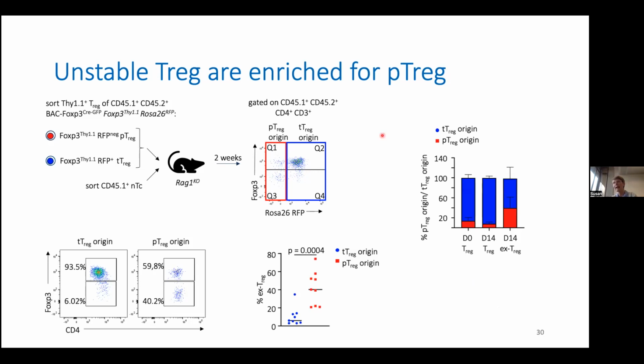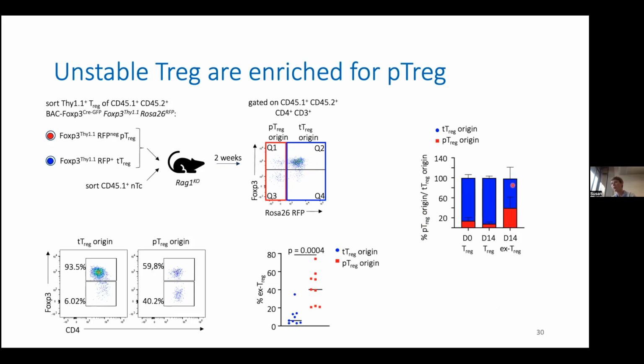Not really, and that is because there are so many more thymic Treg compared to peripheral Treg. If you look at the overall contribution to the X-Treg population, you'll find that the P-Treg and T-Treg contribute almost similarly.